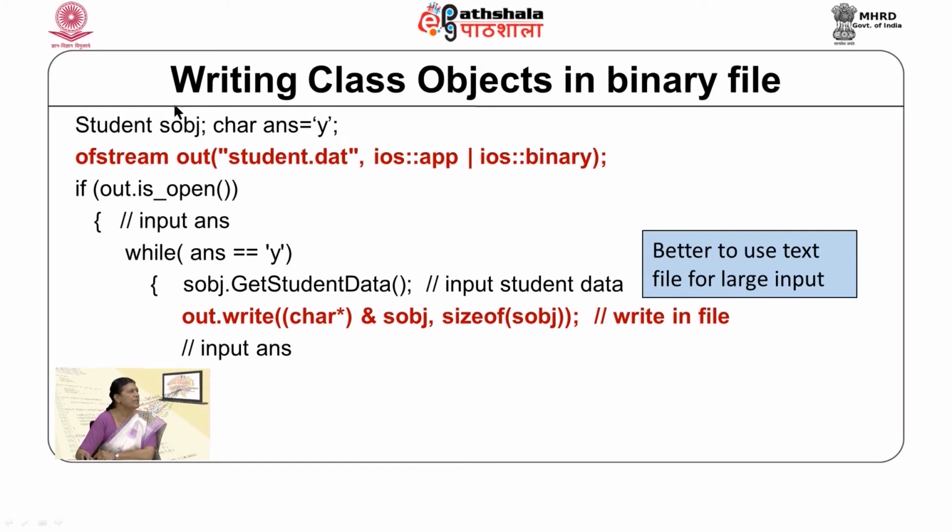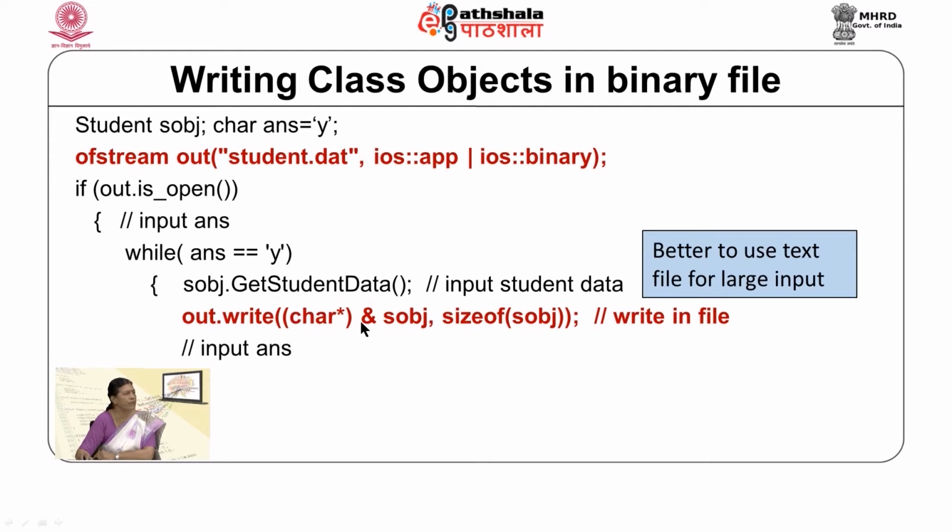Here as obj is the object of the type student, and when we say as obj dot getStudentData, that means we are taking the input of the student data and storing it into as obj. So, as obj is to be written into the file using the write method, and in the write method it needs to be converted into char star, I mean to a pointer of the type char.